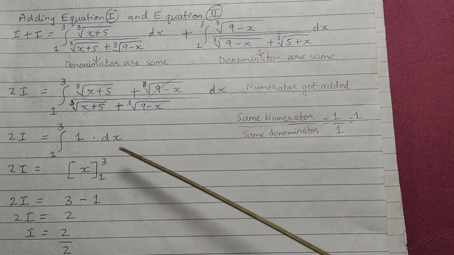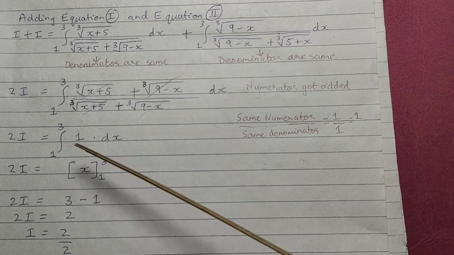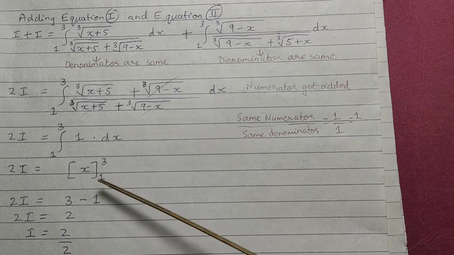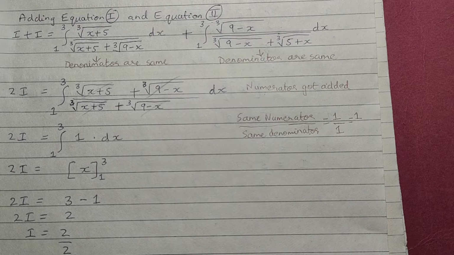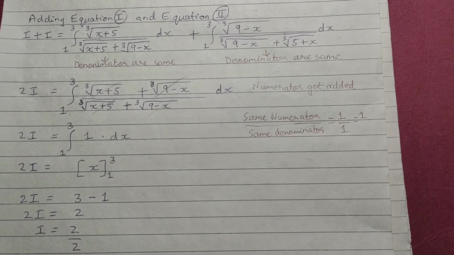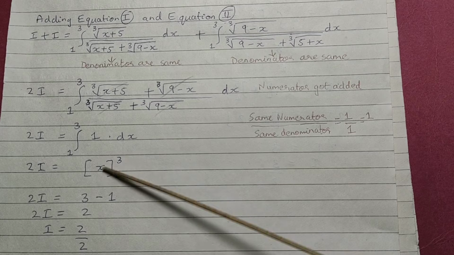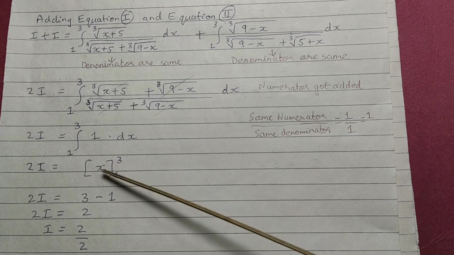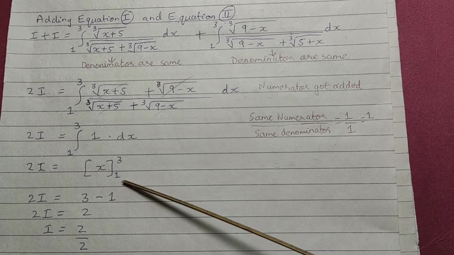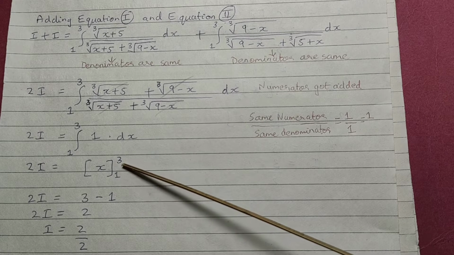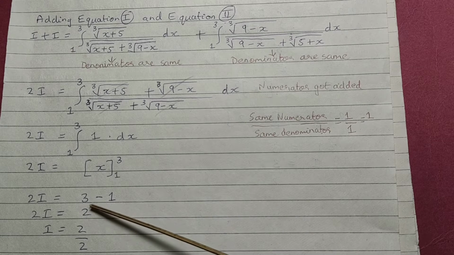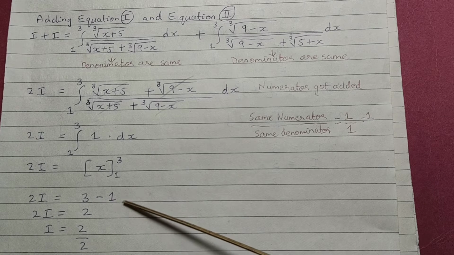1 into dx is dx itself, and the integration of dx is x. So we get x, then in square brackets the lower limit 1 and the upper limit 3. Instead of x, first we put the upper limit minus the lower limit.